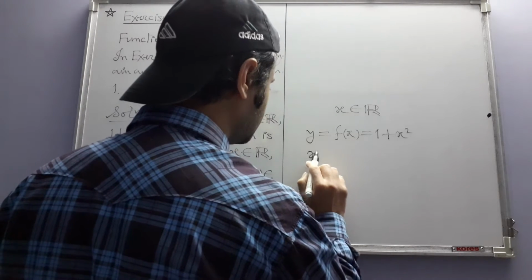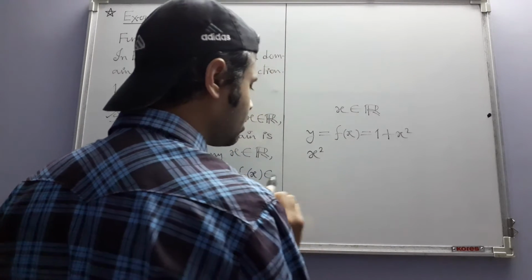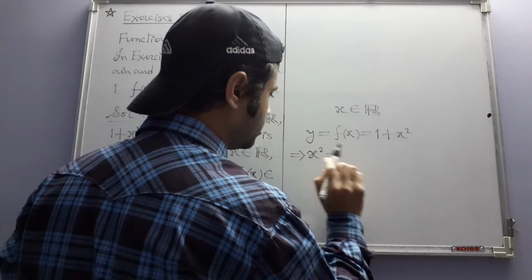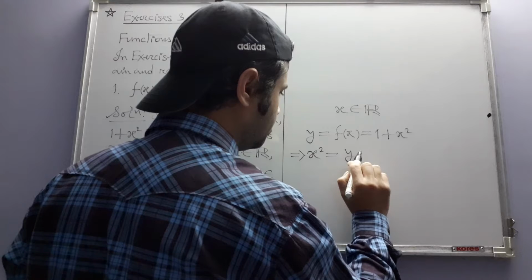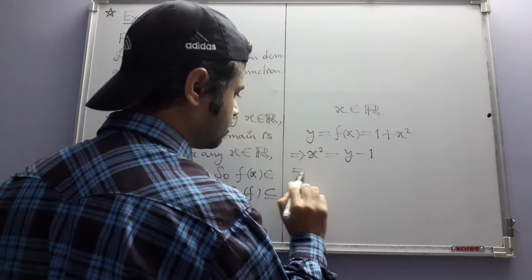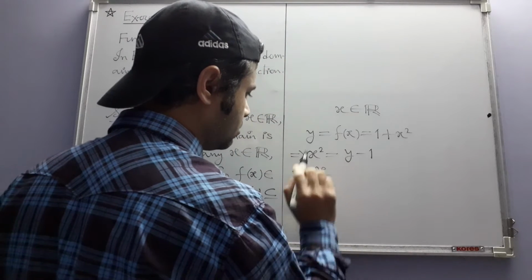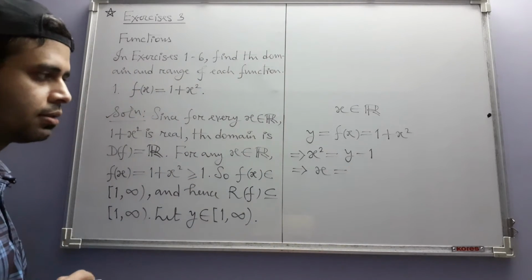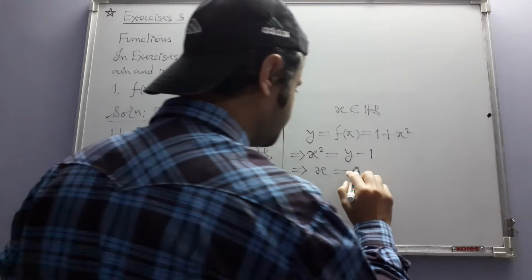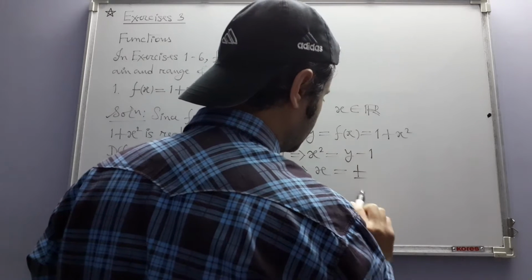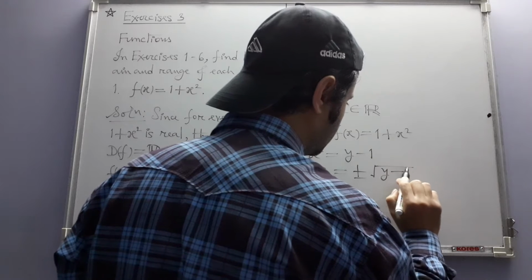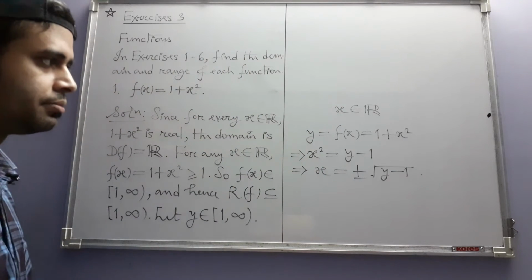This means now if you solve for x from this equation, then you will get x square equals y minus 1. Now from here we get the fact that x is plus or minus square root of y minus 1.